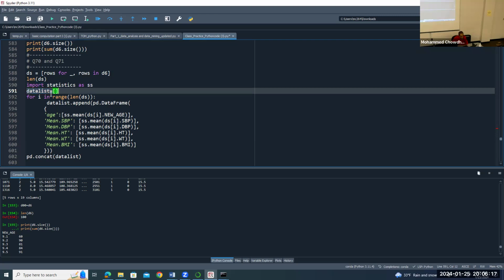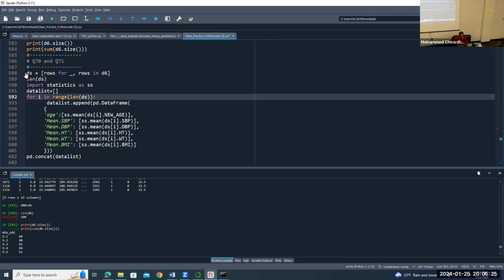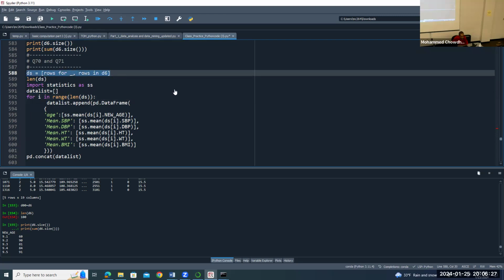Now for i in the range of length of DS. What is DS? DS is considering the rows in the D6 data. D6 is a list which has 100 data sets, and that is why I put here i takes values in range length 1 to DS.